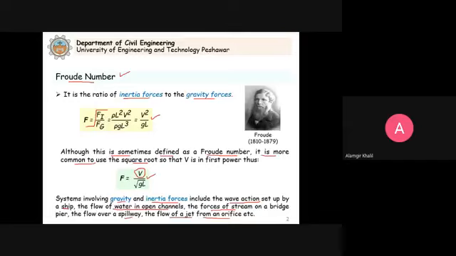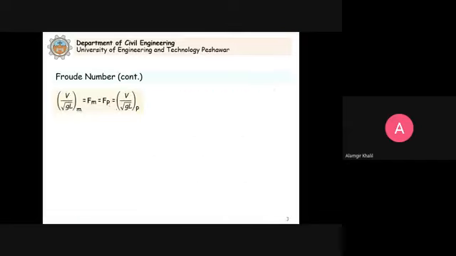Now we studied about this. So we said that in similitude that we consider between the model and the prototype, the Froude number in the model should be the same as the Froude number in the prototype.